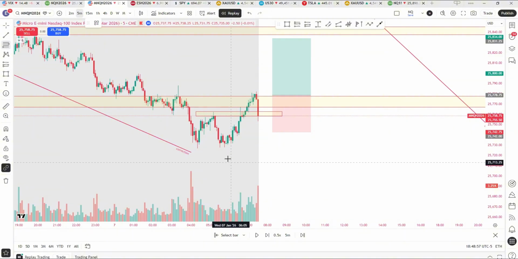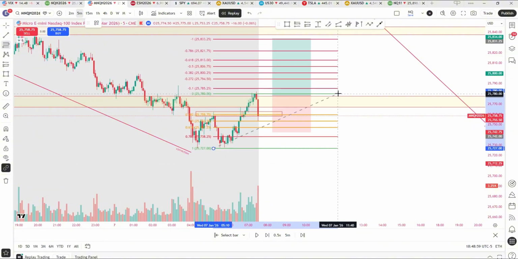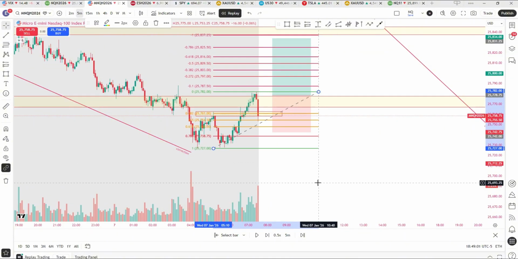Now some people would like to use the fib to measure the distance of the pullback to gauge how deep the pullback would be, but you can never tell if it wants to pull back to the 50, to the 618, to the 38. You can really never tell.